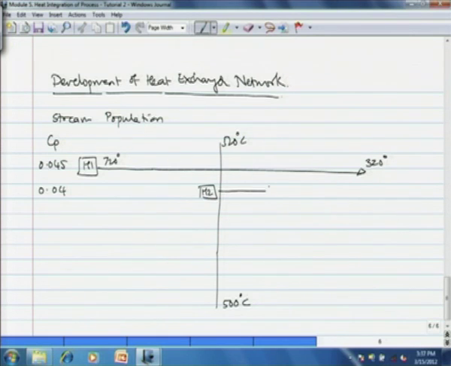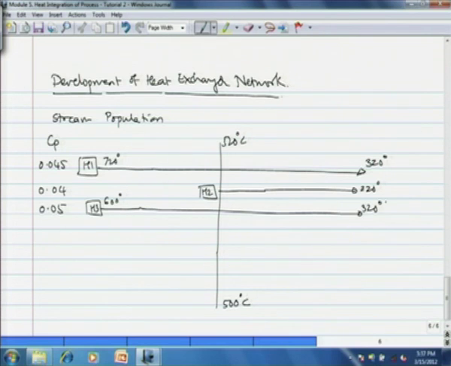H2 goes from 520 to 220. Then H3 goes from 600 to 320, with Cp value of 0.05. Then H4 goes from 520 to 353. It has a heat capacity flow rate of 0.02.